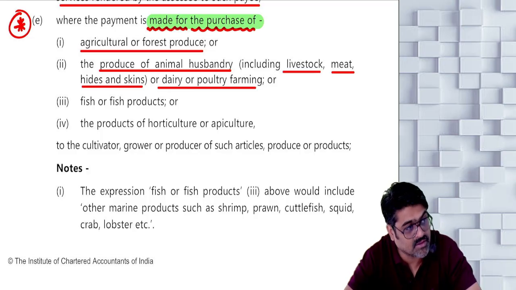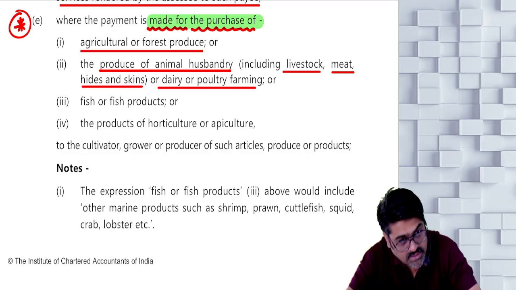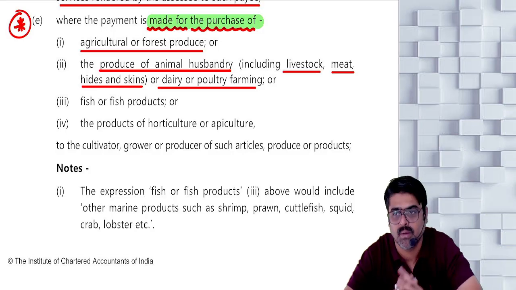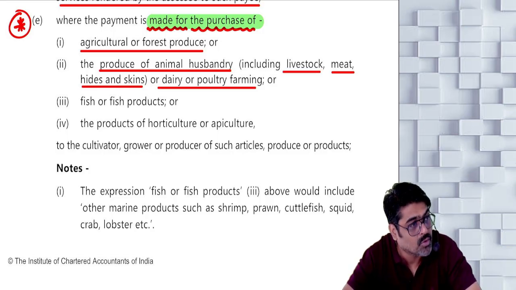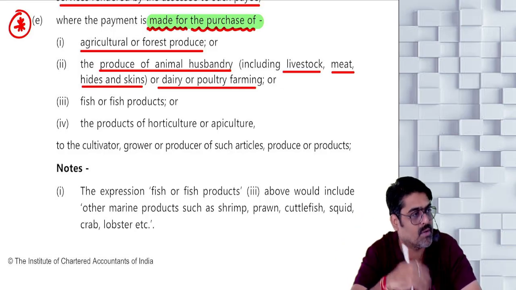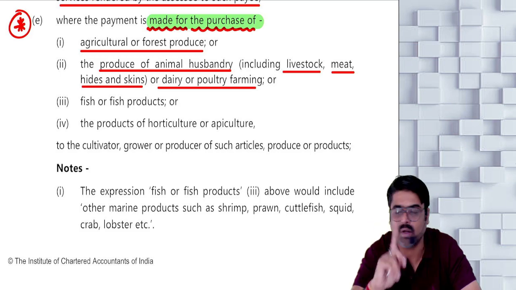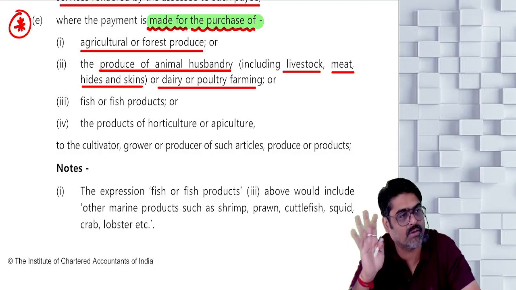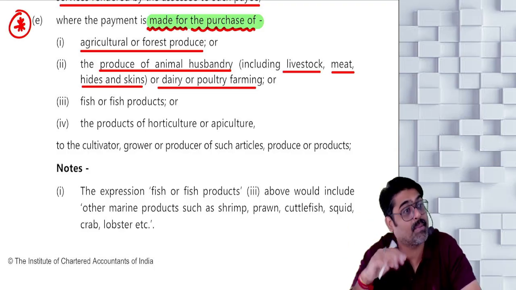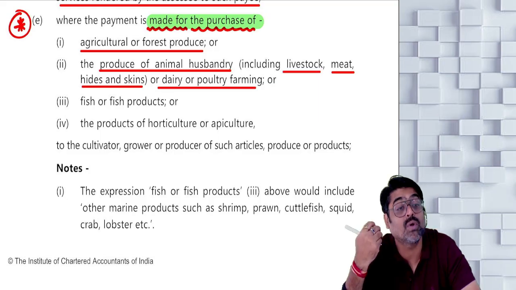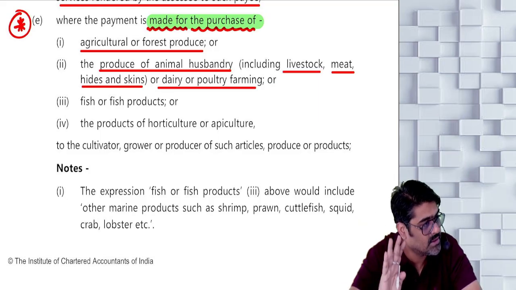To buy these items in your business or profession, you will make the payment to any person by any mode. It is allowed as a deduction, not required to be made through prescribed modes only. So even if the payment is more than 10,000, but the payment is made for these items, then that payment can be through any modes. It will be allowed as a deduction.